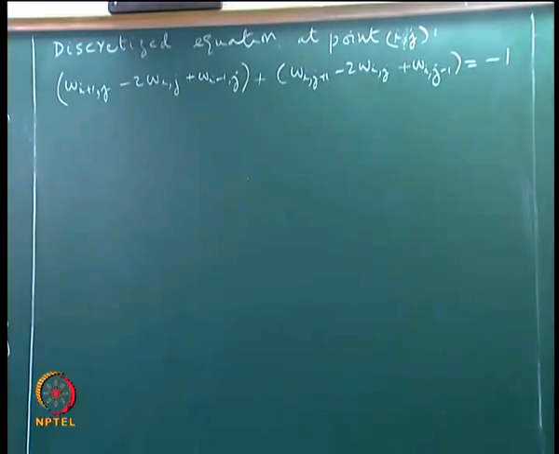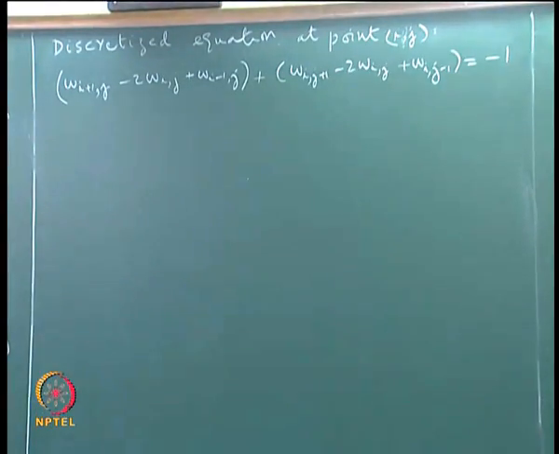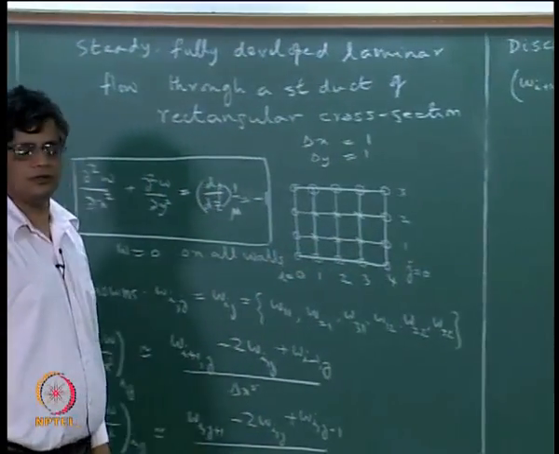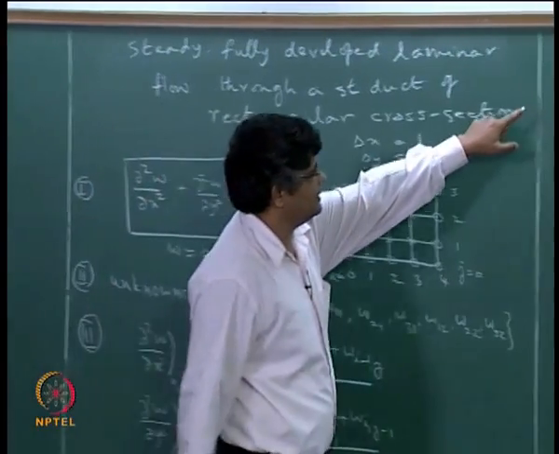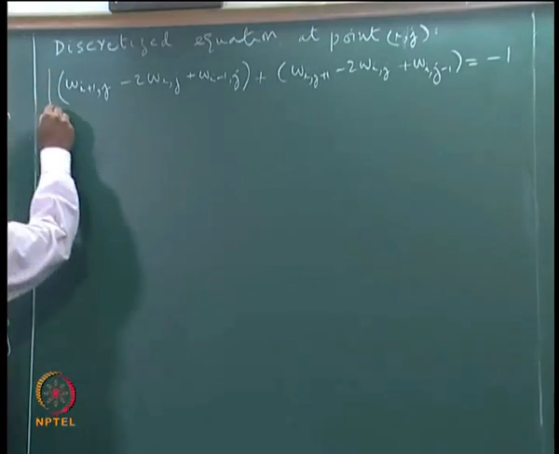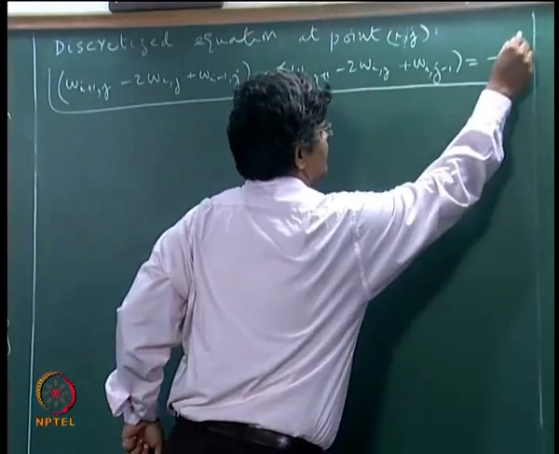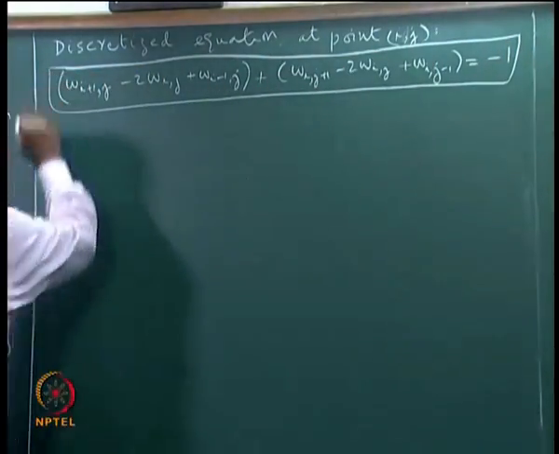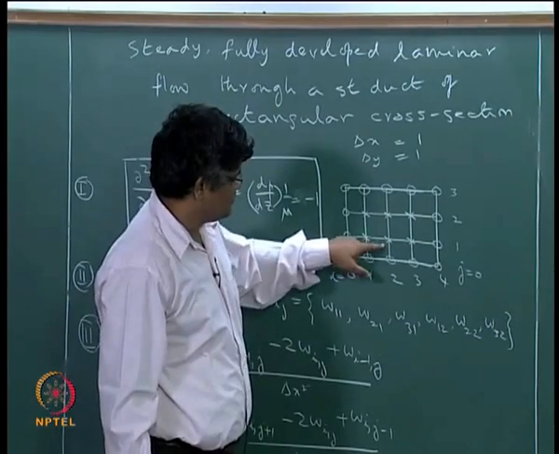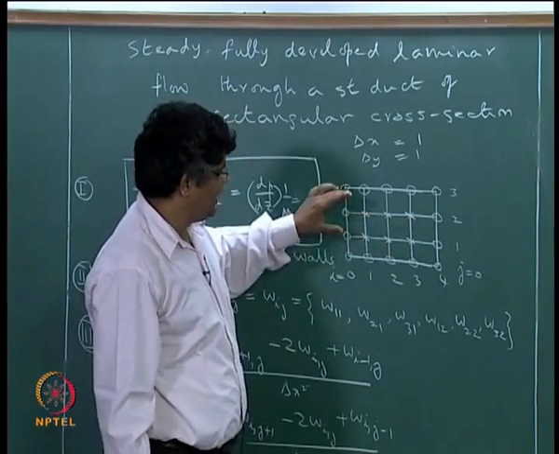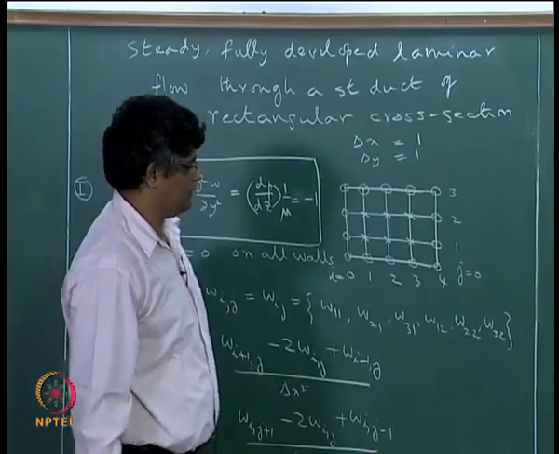So this formula we apply at each of the points at which we want to have the solution. For example, we take this recurrence, this formula here, and we apply this at this point, this point, this point, at these points, and that will give us 6 equations.